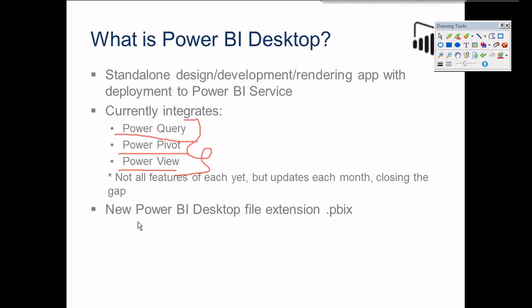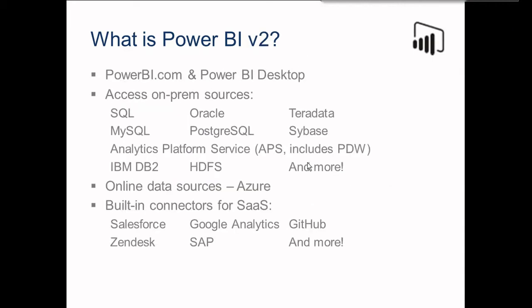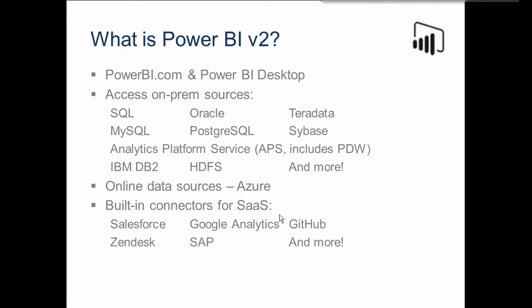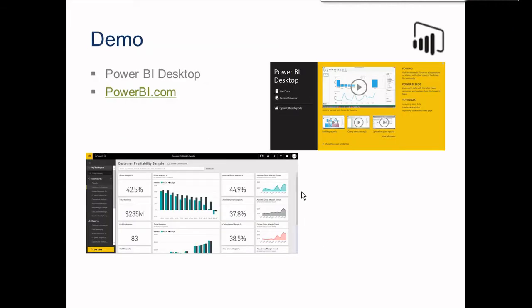Whenever you create a report in Power BI Desktop, it is saved with the .pbix extension. You can connect to these sources with Power BI. We will see all these in detail when we do the practical. You can see a demo of Power BI at powerbi.com.